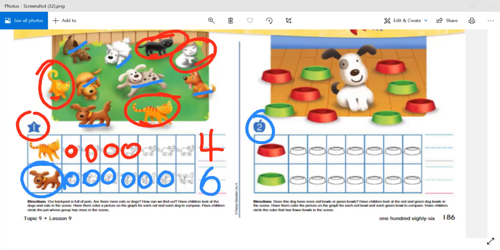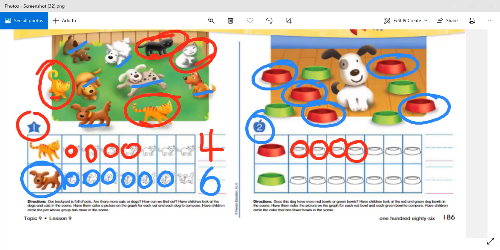All right, let's count the red bowls. We can circle them. 1, 2, 3, 4, 5. So we can use red. Let's color them in. 1, 2, 3, 4, 5. And let's write the number 5. Okay, now let's count the green. 1, 2, 3, 4.